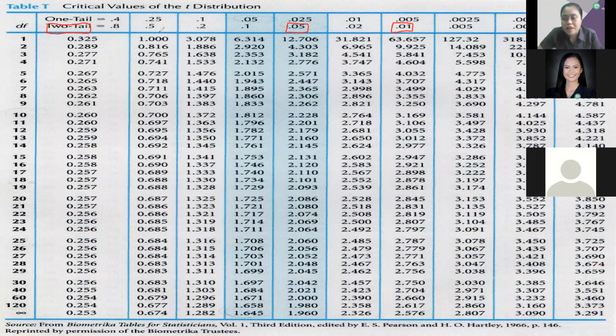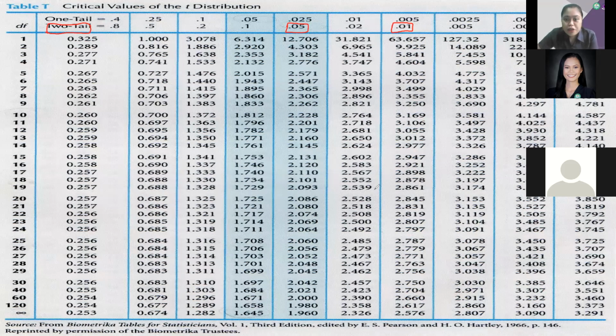That's 50%, meaning we are allowing 50% room for error. But this time, we are just using 0.05, which means 5% room for error. The 0.01 I mentioned earlier, if we are very strict, is just 1% room for error.